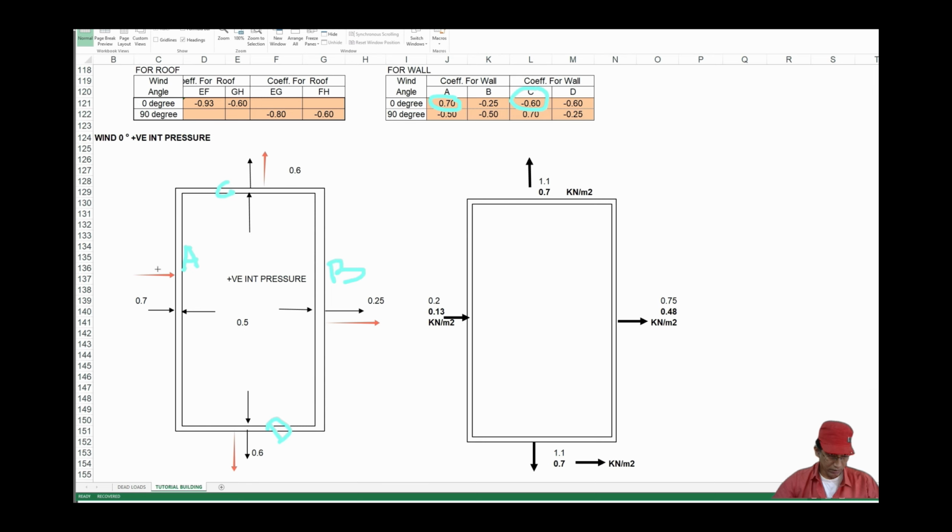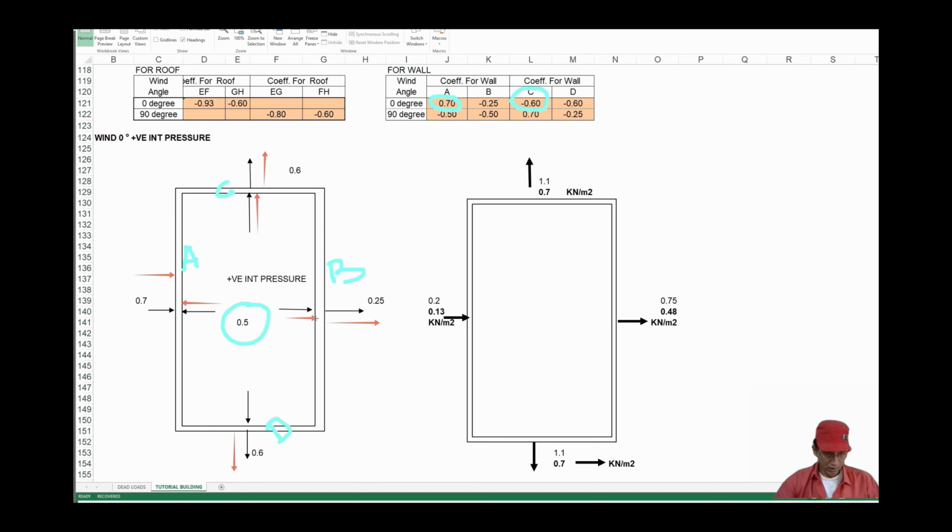So we have plus 0.7 meaning toward the wall, minus 0.25 meaning away from the wall, minus 0.6 meaning away from the wall, and minus 0.6 in wall D meaning away from the wall. Now let us come to internal pressure coefficient. This is plus 0.5, meaning the internal pressure shall act towards the wall along all the directions. This direction also it is towards the wall. This direction also, and this direction also.